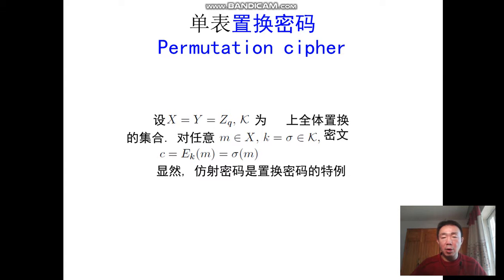The factorial of 26, i.e., 1 multiplying 2 multiplying 3 multiplying 4 multiplying 5 multiplying 6 until multiplying 26. Why is the result this? Because when we select a ciphertext letter for letter A, we have 26 possible choices.